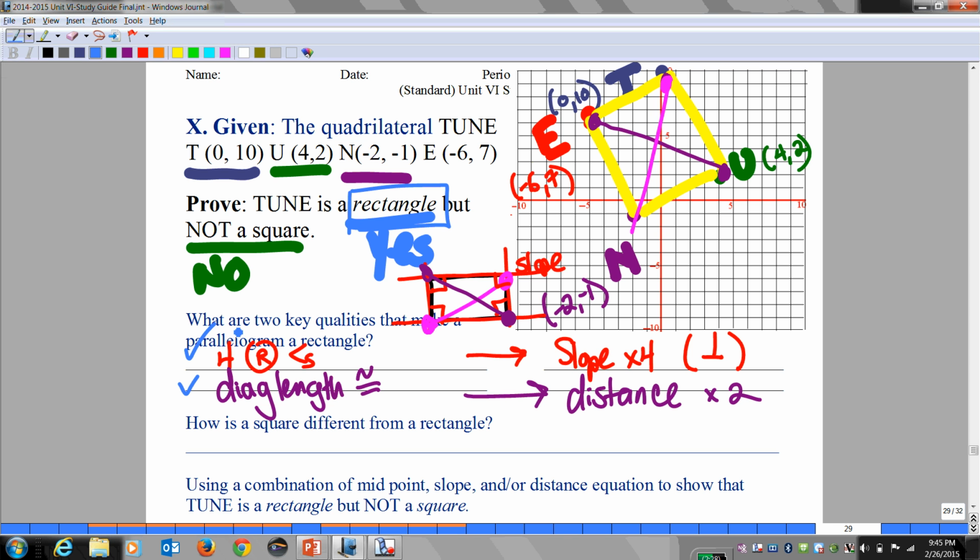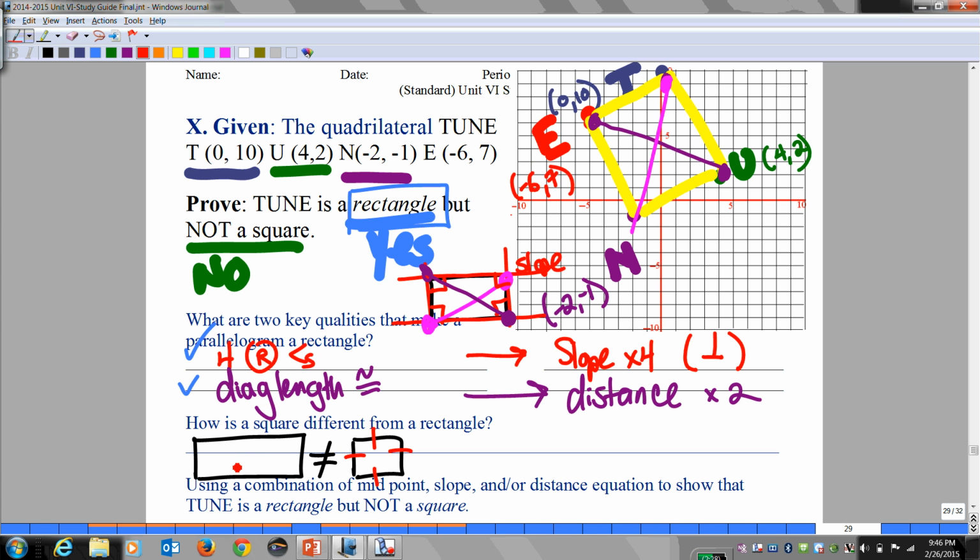Now, we need to disprove it's a square. So you have to think about, here's a rectangle, and here's a square, and how are those not the same? That's what you're thinking there. Now they are the same with right angles, but a square has 4 equal sides.